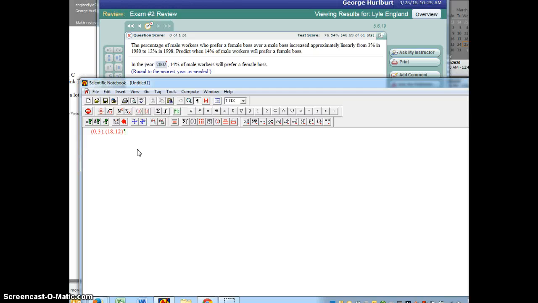So that gives me 2 data points. And it says it's increasing linearly. Once I have 2 points, I can find the equation of the line very much like what we did back in problems in the 50s. So I'm going to find my slope. M equals y2 minus y1, that's 12 minus 3, divided by x2 minus x1, that's 18 minus 0.